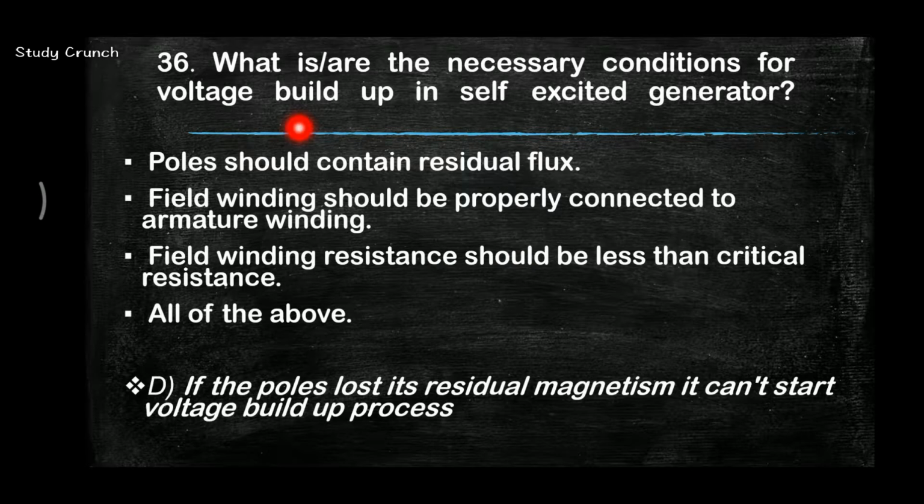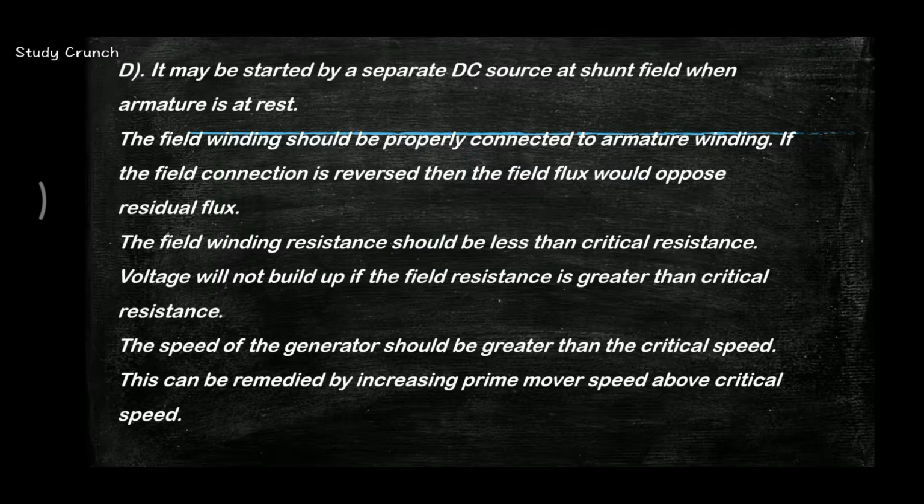Next, what is or are the necessary conditions for voltage buildup in a self-excited generator? So the answer will be D, that is the pole should contain residual flux, the field windings should be properly connected to the armature winding, and the field resistance should be less than the critical resistance. Because it may be stated that a separate DC source at the shunt field when the armature is at rest, so the field winding should be properly connected to the armature winding.